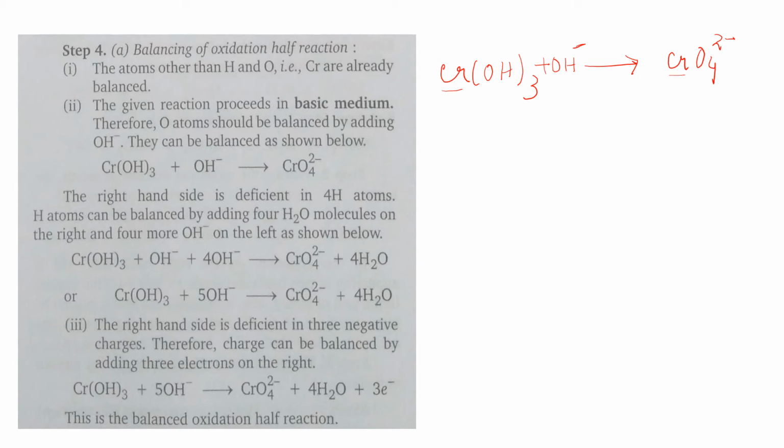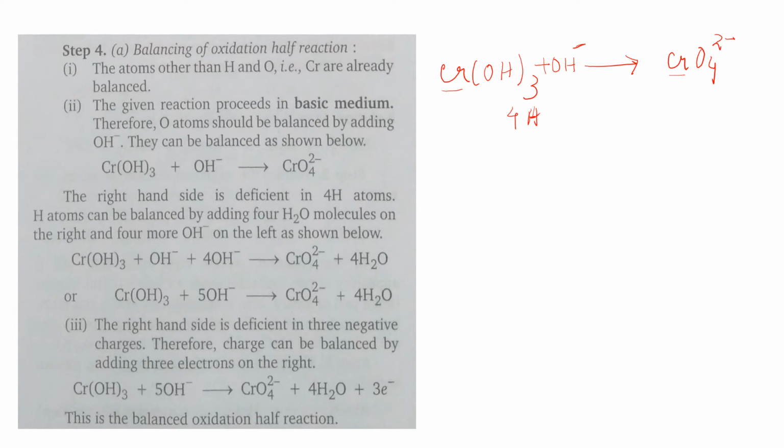Okay, after that we have to see for the hydrogen. If the hydrogen is less, then we have to add that many number of H2O molecules in the side where hydrogen is deficient. So here in the left hand side we are having 3 and 1, 4 hydrogen atoms, but in the right hand side we are having no hydrogen atom.